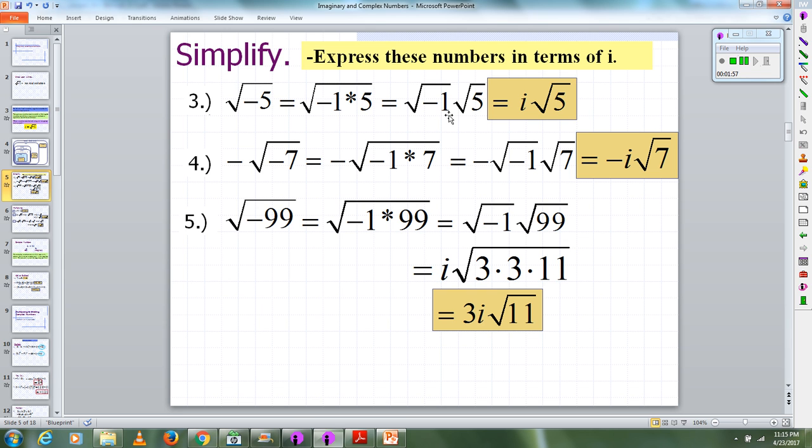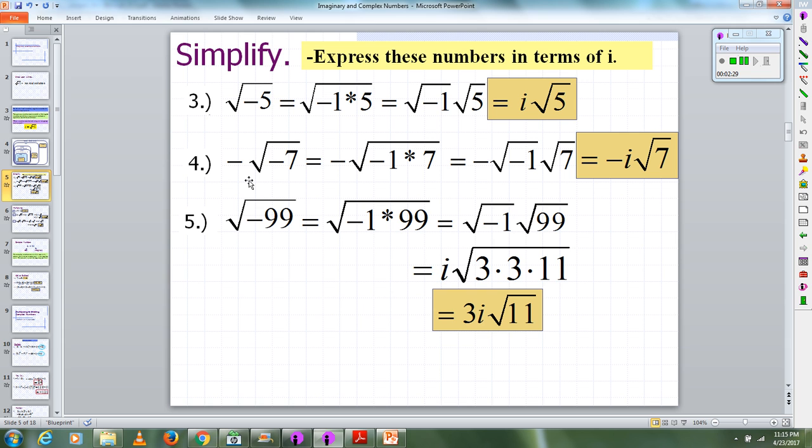And then we break it into factors: the square root of -1 times the square root of 5. Now we know the square root of -1 is i, so we end up with i times the square root of 5.